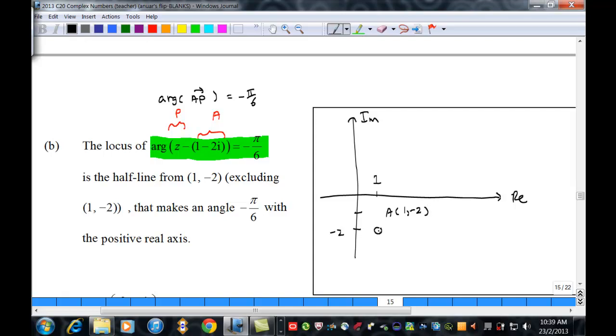On that note, do you know why? Go and think. Right, so you draw the horizontal line, and then it says here that the argument is negative pi over 6, so you're going to measure it in clockwise direction. Right, and that argument is given as negative pi over 6. Okay, so the locus of the variable complex number z are all those points on this line here.